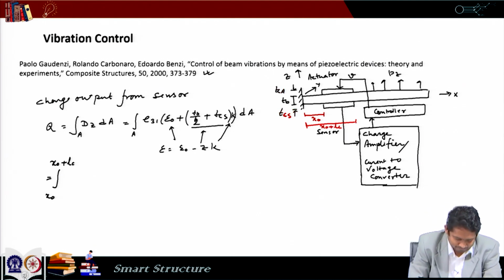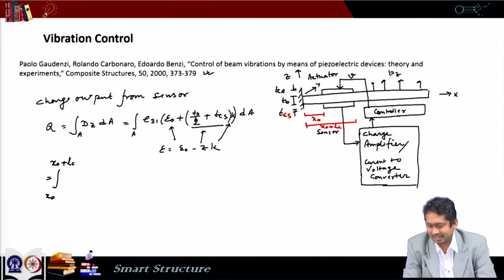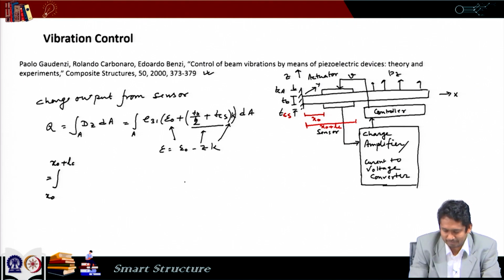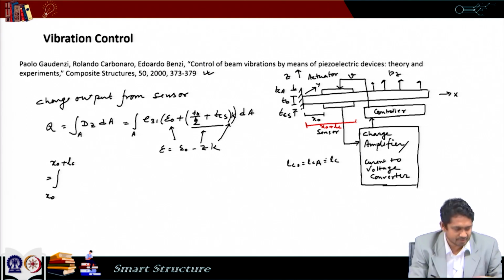So, we are assuming that the length of the sensor and actuator are the same, that is Lcs is equal to Lca is equal to Lc, but that is not a requirement, they can be different as well.